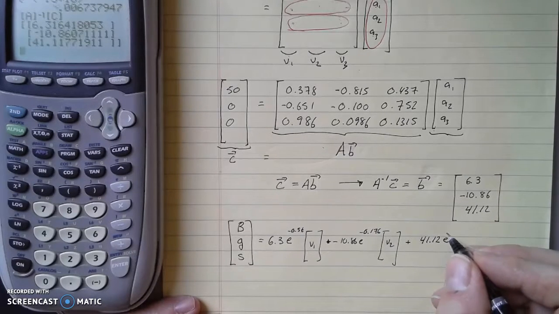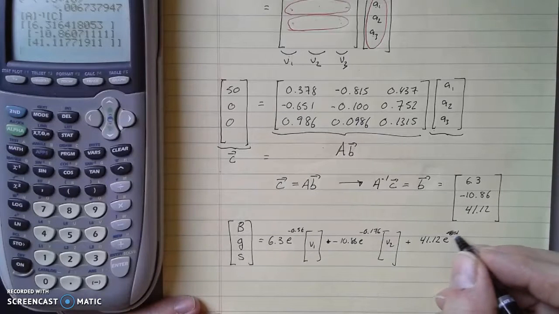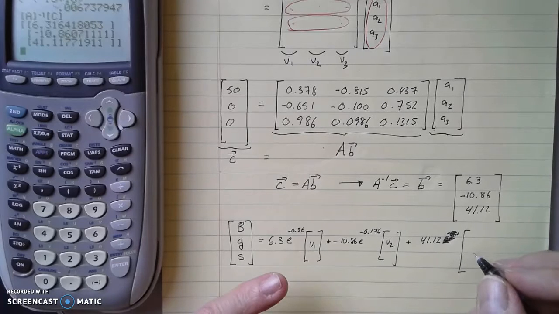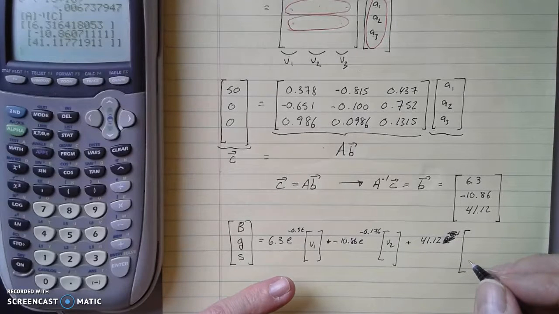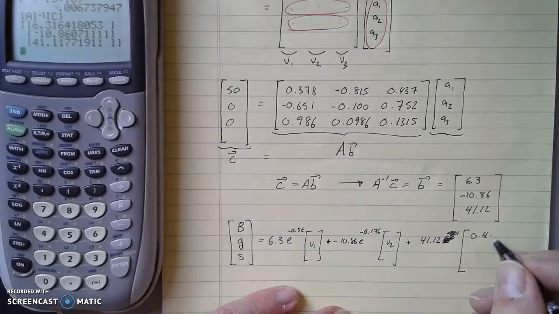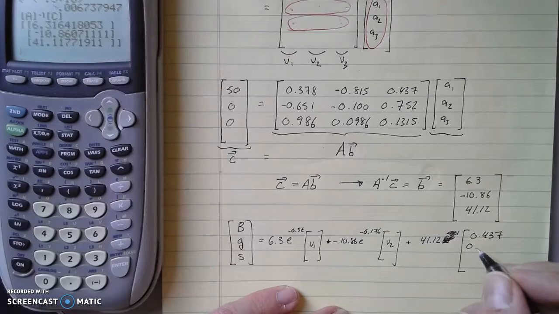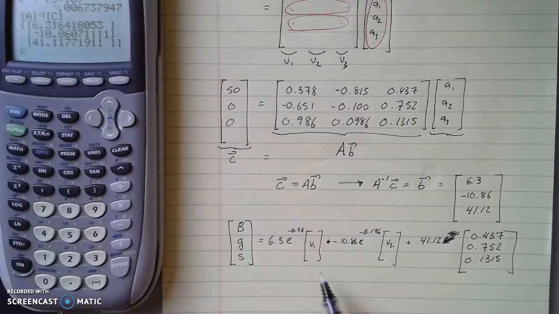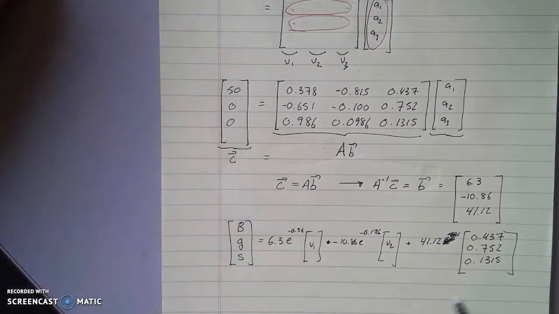Plus 41.12 e to the negative, no e because this is just 0, right? Times v3. Now I do want to list out the eigenvectors here. This is 0.437, 0.752, 0.1315. Because I haven't asked anything about what happens in 3 years from now, I'm just interested in the limit. These don't matter because they're going to go away.